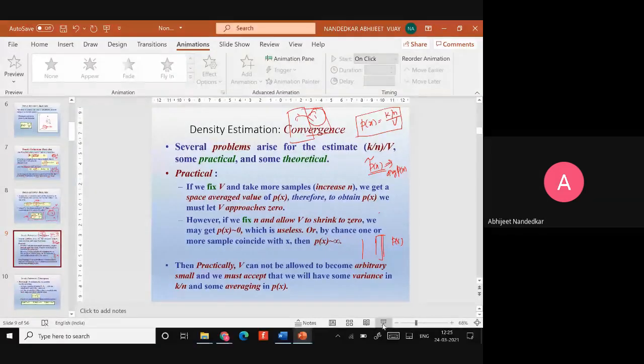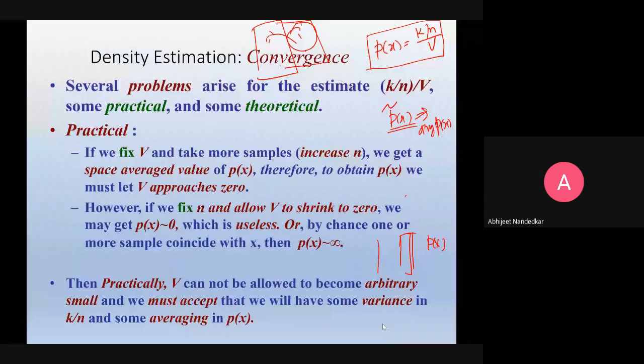If we fix this volume, then there will be some averaging effect in the estimation of this probability density p of x. However, if we fix n and allow v to shrink to 0, we may get probability of x equal to 0. If I keep on reducing the volume in this 1D case, there may be a chance that nobody is falling into this bin.